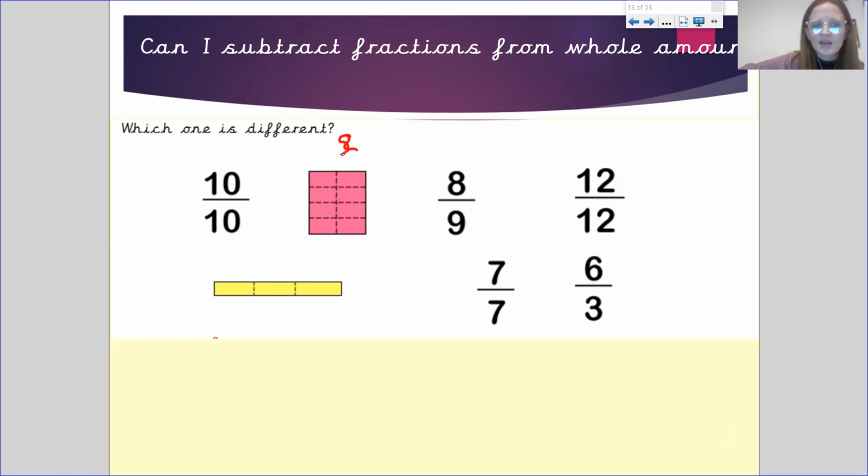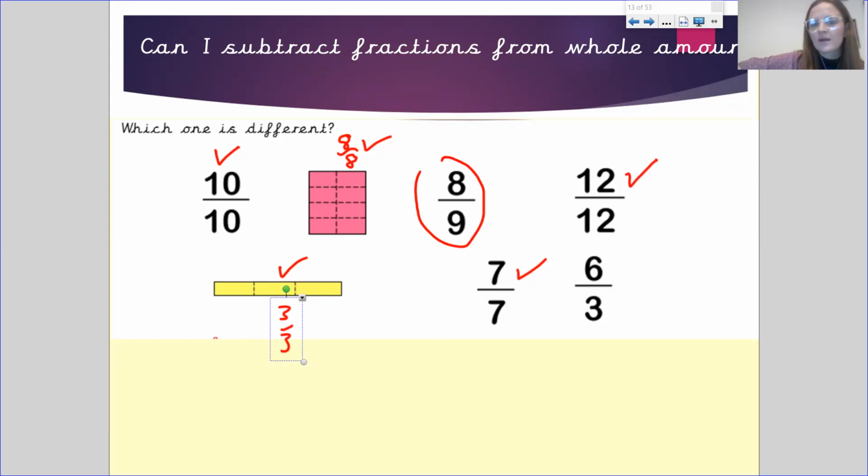So that is actually 8 over 8, and this one is 3 over 3. If we look at all of these, I can see that this is a whole number because it is 10 tenths. This is 8 eighths, 3 thirds. That's a whole number. That's a whole number. This is a whole number. This is a whole number.